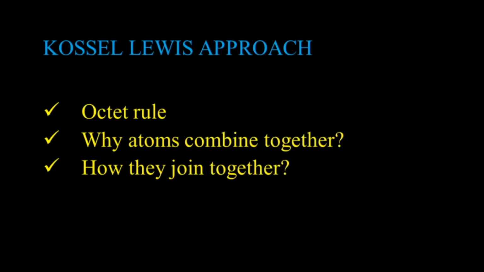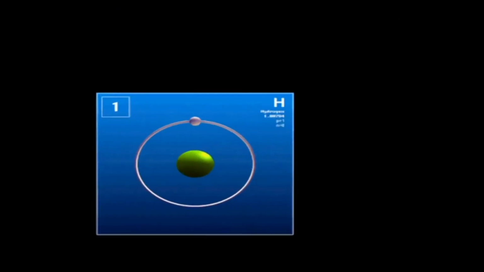We also discussed the octet rule, or rule of 8: the tendency of atoms to have 8 electrons in the valence shell is known as the octet rule. These are the things we have already learnt.